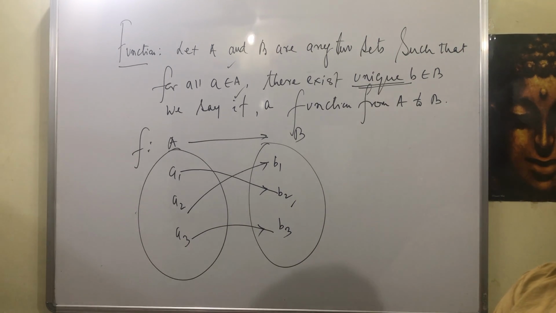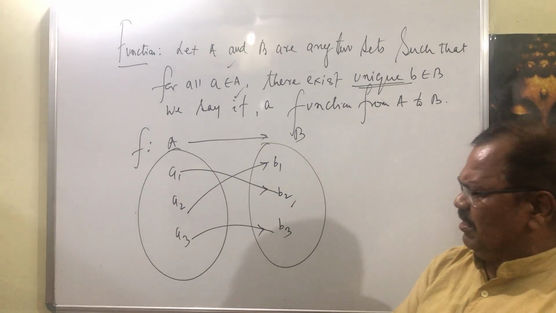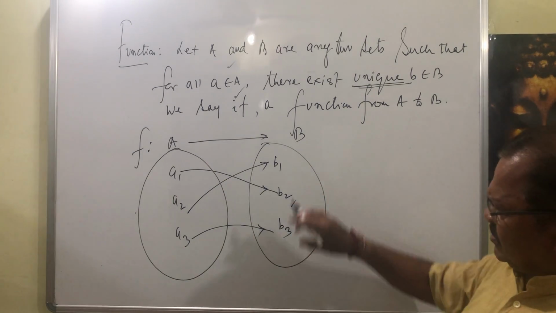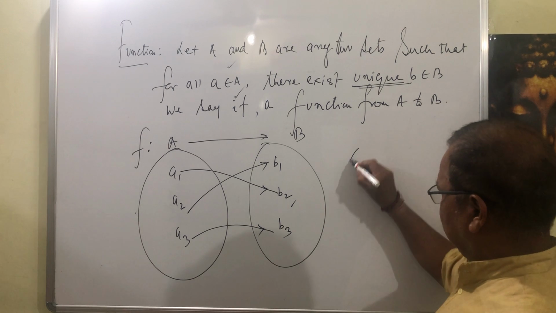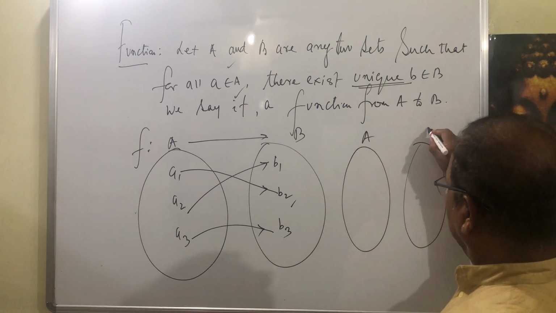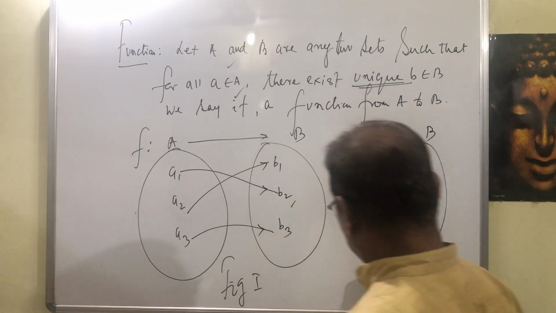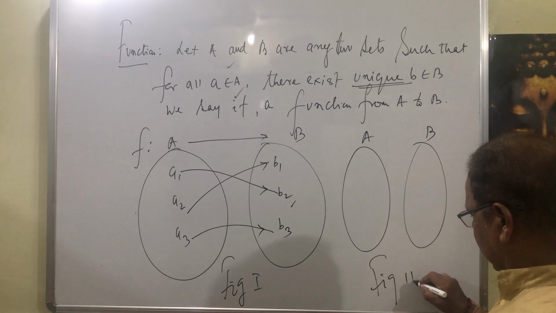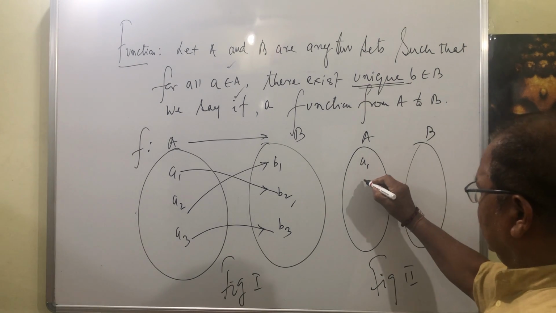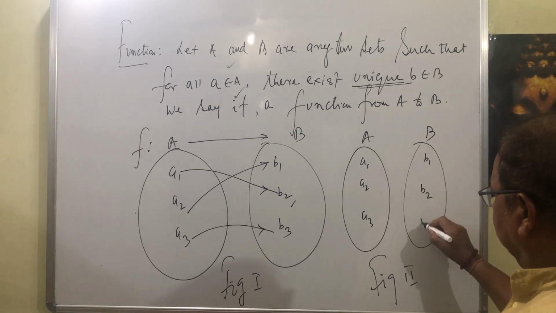Now it may be possible that more than one element of set A can be associated with a single element of set B. Let us see this picture. This is set A, this is set B. Let us take another figure. This is figure 1 and figure 2. In figure 2, I am taking A1, A2, A3, B1, B2, B3.